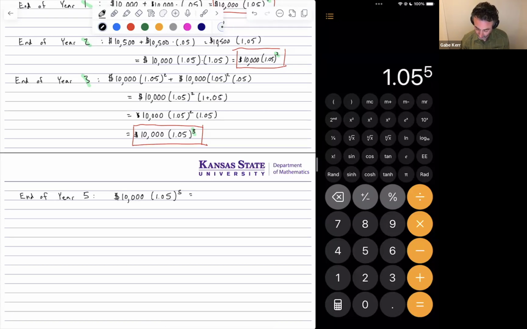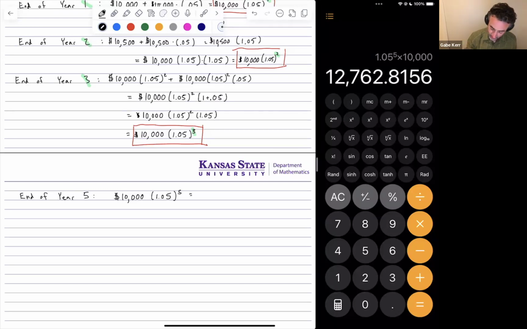Well, I can evaluate that, or I can multiply by 10,000. And I will get the answer $12,762, and for good measure, 82 cents, rounding up. And here is my answer for part B.